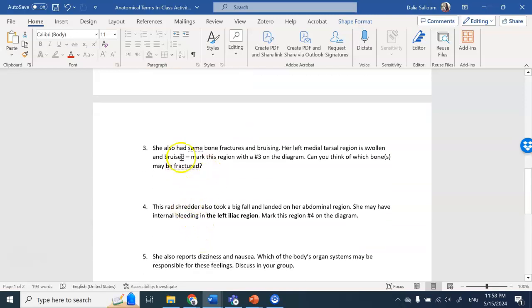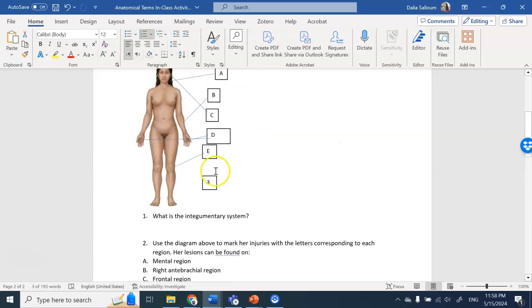And then number 3 says she also has some bone fractures and bruising. Her left medial tarsal region is swollen and bruised. Mark this region with a number 3 on the diagram. Can you think of which bones may be fractured? So number 3 on the diagram, we want the left medial tarsal region.